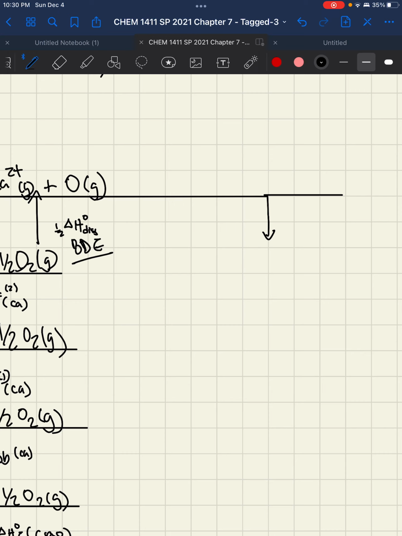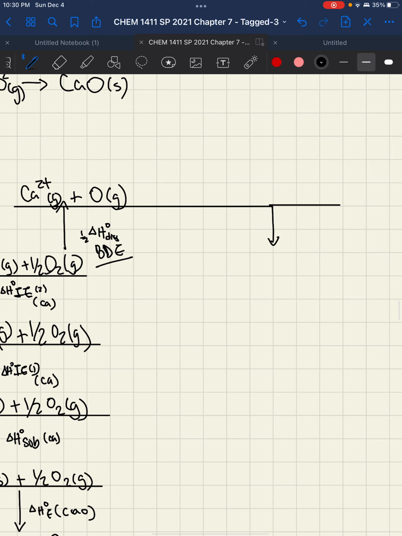Since it's exothermic, it's going to be Ca2+ plus O minus gas. Okay, right?